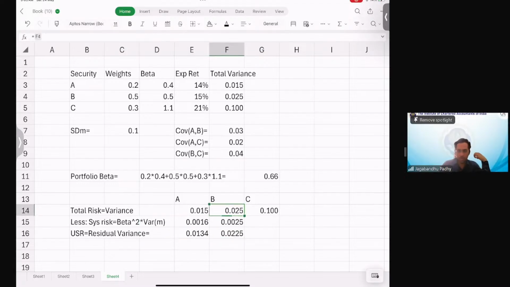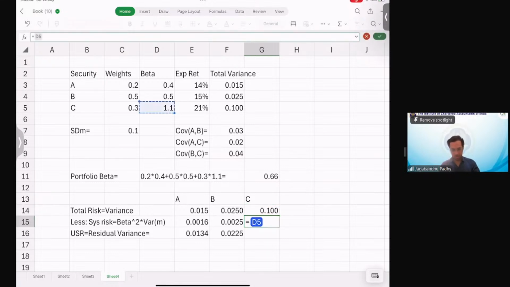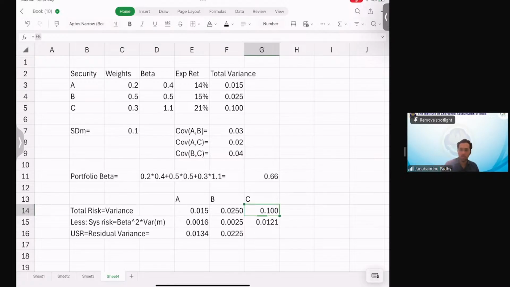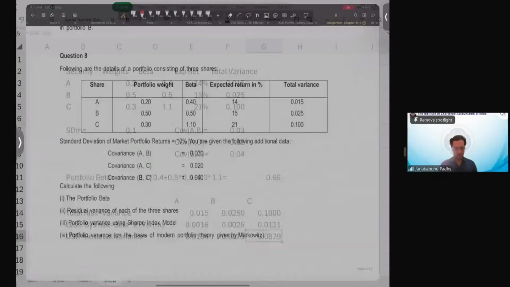Yeah. What about for C? Calculate it for C. Beta square into standard deviation of market. 0.0879. That's the residual variance. We got the residual variance.